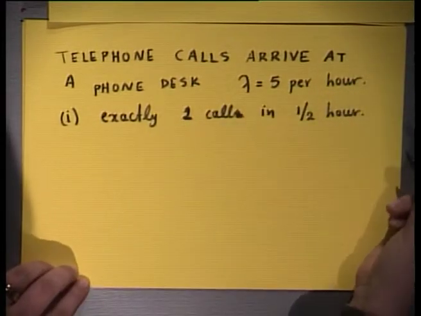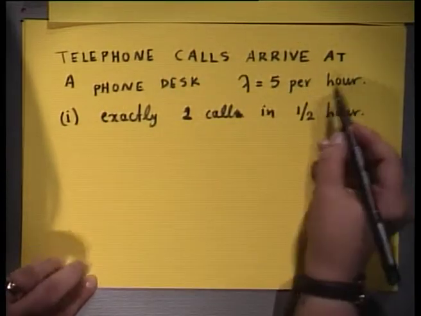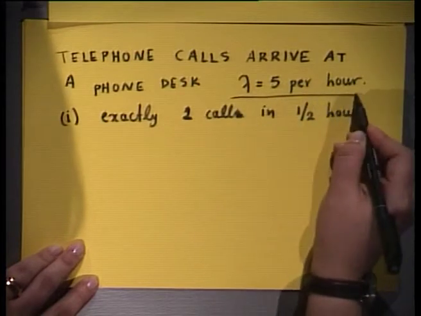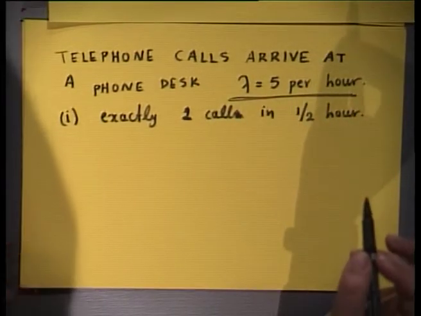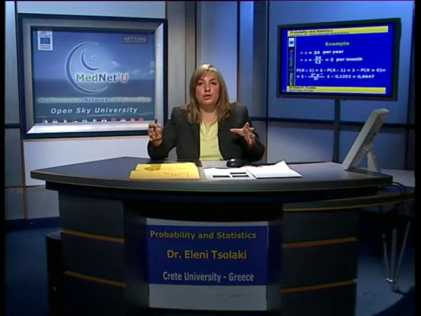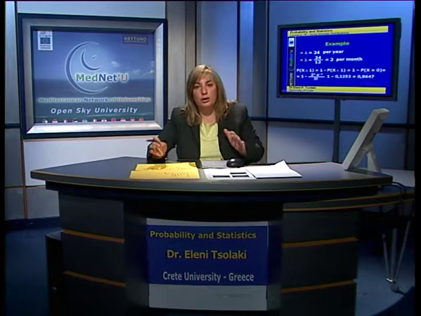How can we calculate this probability? We have to be careful that here we have our lambda per hour, but the important thing with the Poisson distribution is to make sure that we use the right lambda. We know what we need for our example.